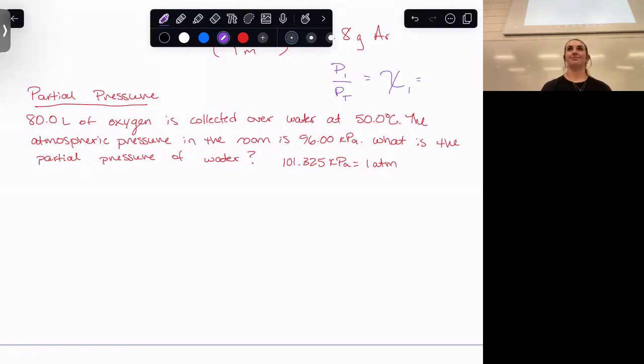There's just going to be oxygen plus water. And the other one is N1 divided by N total. So what does that give you? This is mole fraction, yep. Whenever I get stuck on the question, I ask: what is partial pressure?